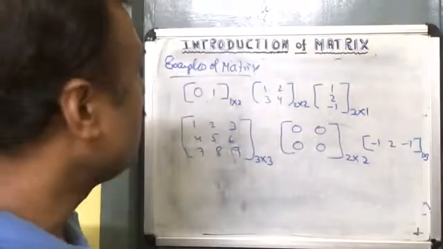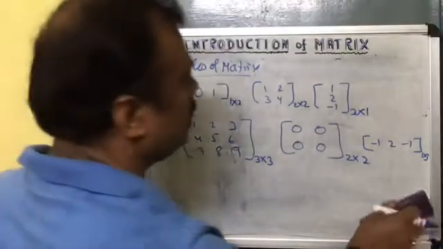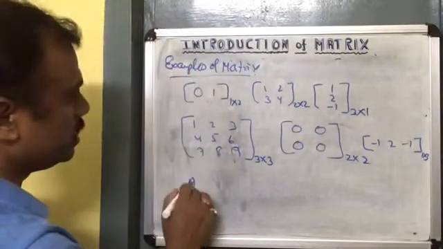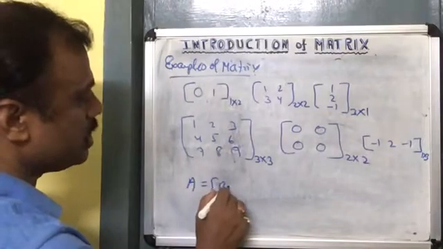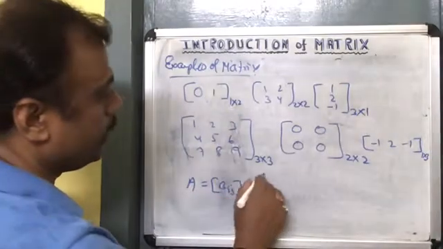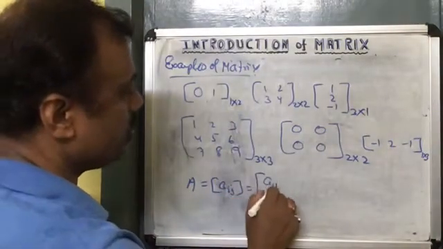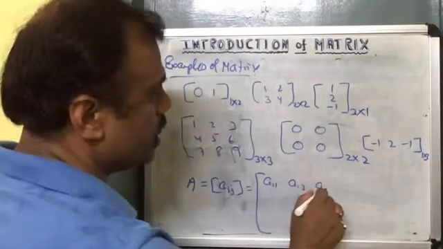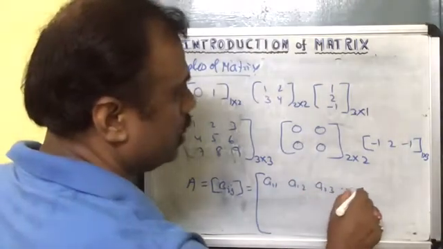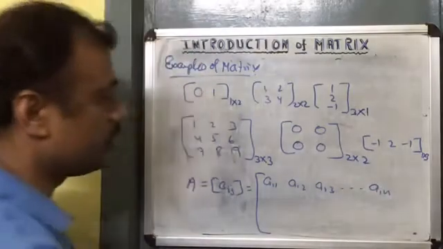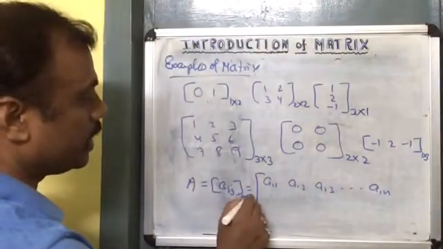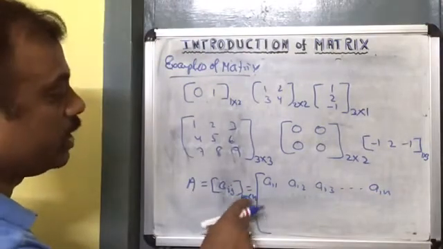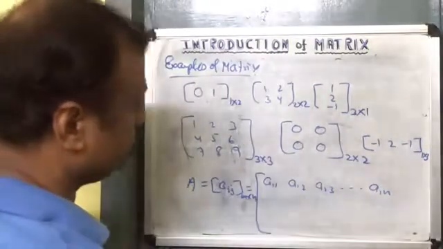Like that. In a general way, we can show a matrix like this: aij, a11, a12, a13, like that, a1n, because I have taken the matrix of order m cross n.